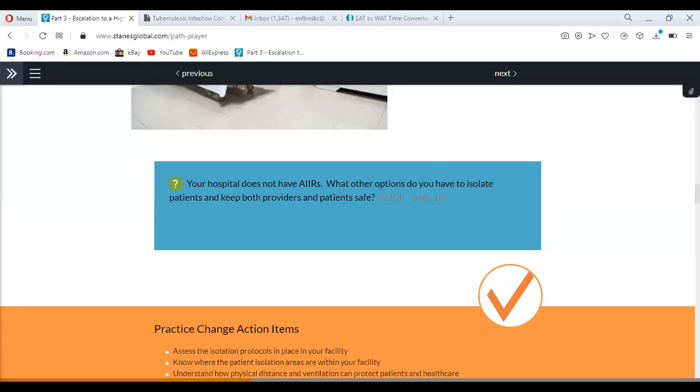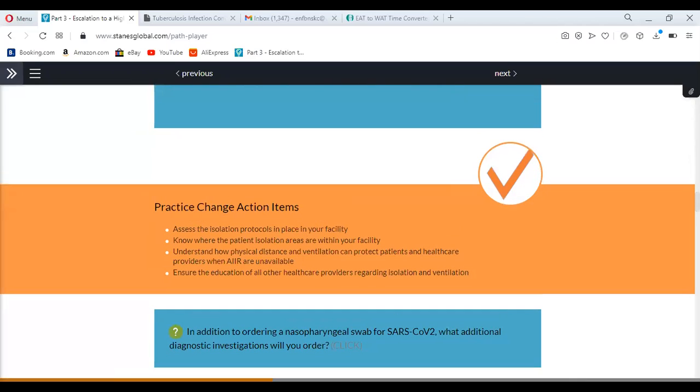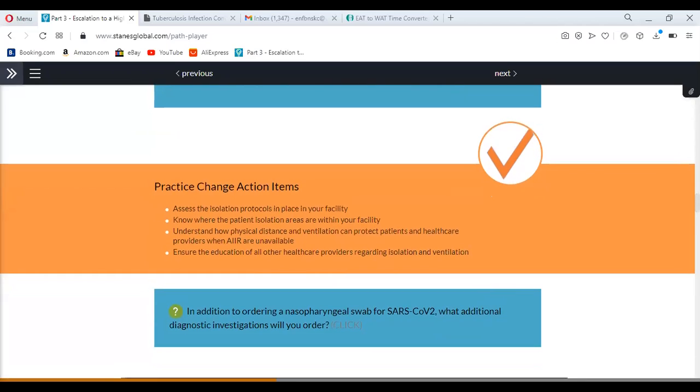So the practice change action items here, what is needed for all of us, depending on what we have, is to put isolation protocols in place if you don't have one. If you have one, you keep reviewing it so that you can achieve the desired goal. Then you should know where the patient isolation areas are within your facility. And you should understand how physical distance and ventilation can protect patients and healthcare providers when AIR are unavailable.